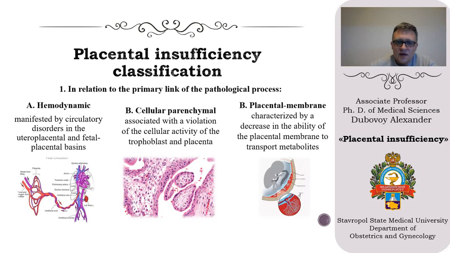And placental membrane is characterized by a decrease of the ability of the parenchymal membrane to transport metabolites. However, I repeat that not in all cases we can identify the initial or primary link of pathogenesis, and most often we are talking about a mixed version of placental insufficiency.